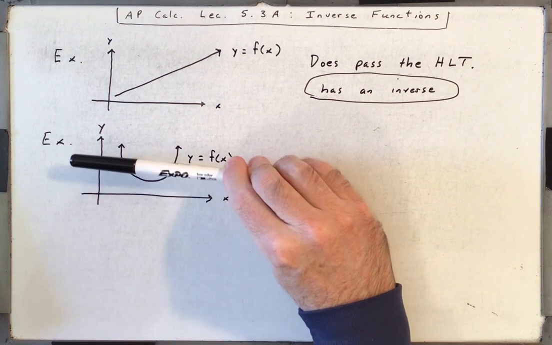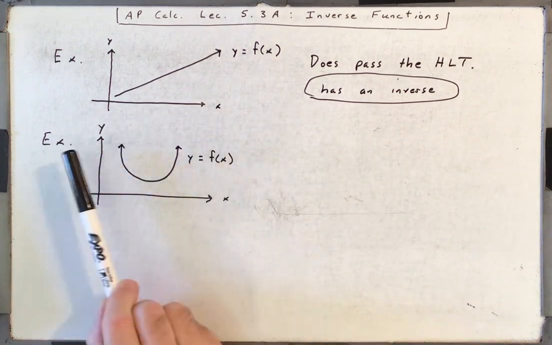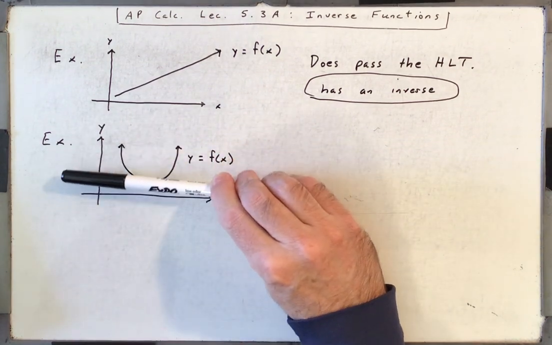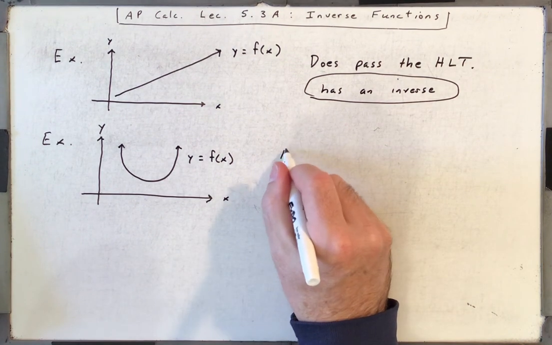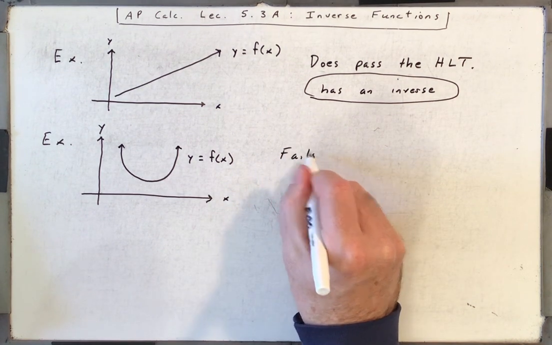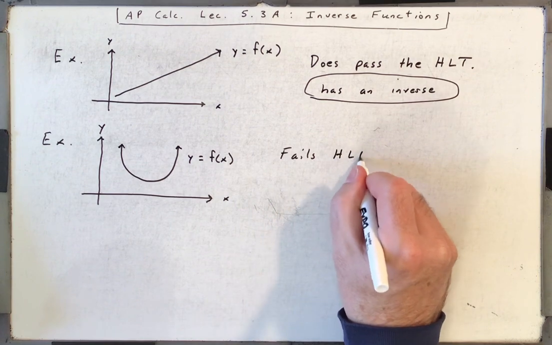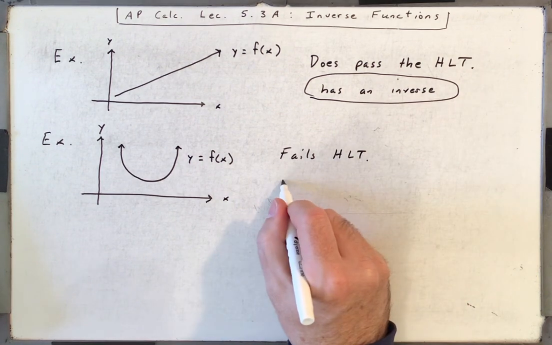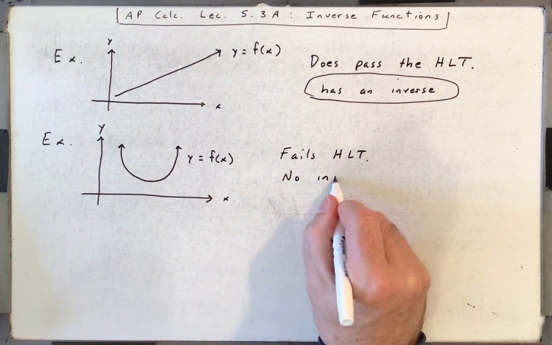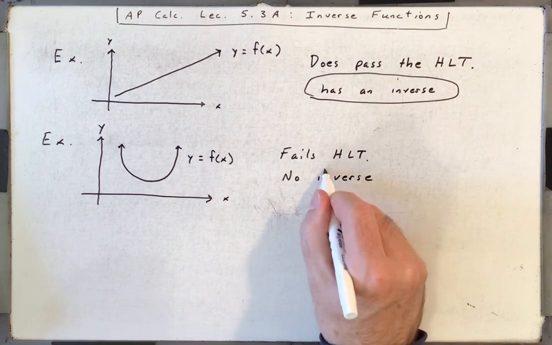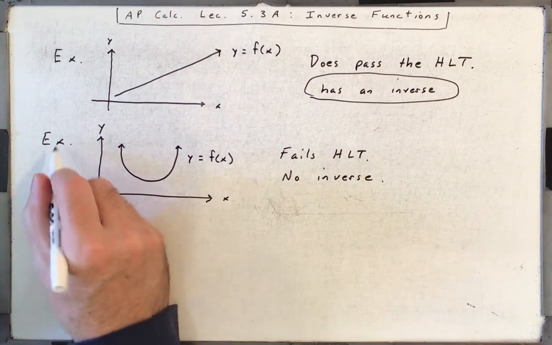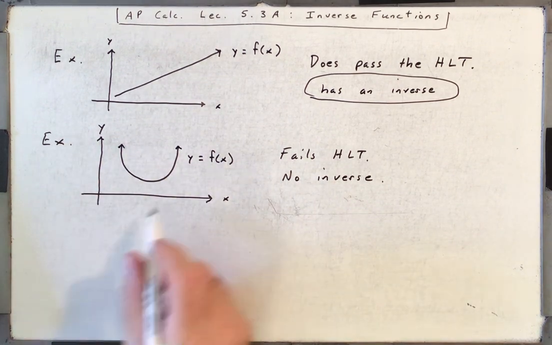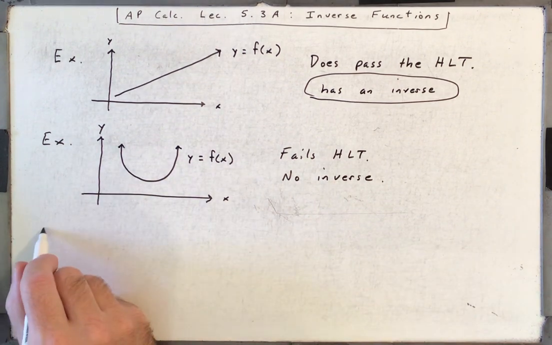Well, no. Not at least on the full domain. It pierces the curve in two places, so it fails the horizontal line test. So there is no inverse for this kind of function, a parabola. A function to the fourth power would also look like that.